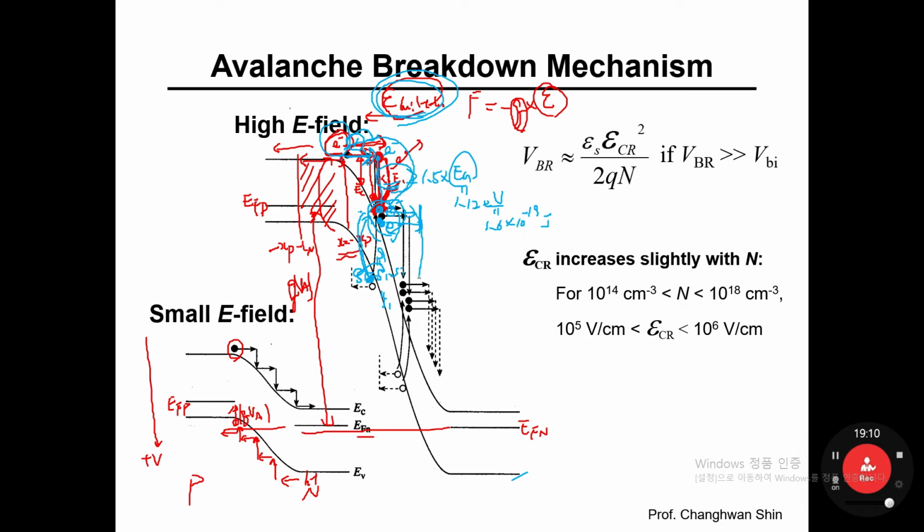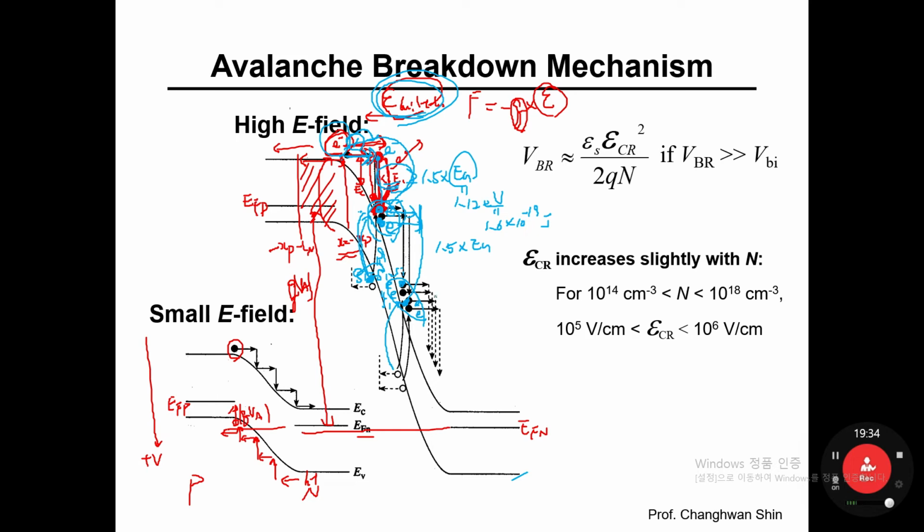Then the kinetic energy each of those electrons has lost would be higher than 1.5 times the bandgap energy. Then each electron would induce one more free electron. Since we have two electrons here, a total of four electrons can be obtained.